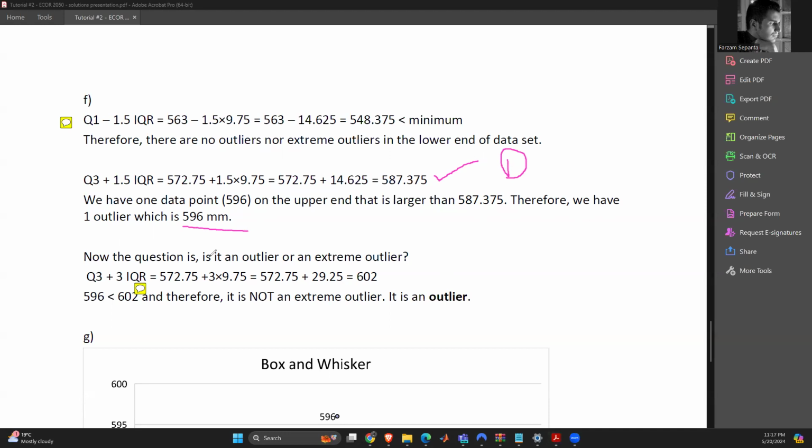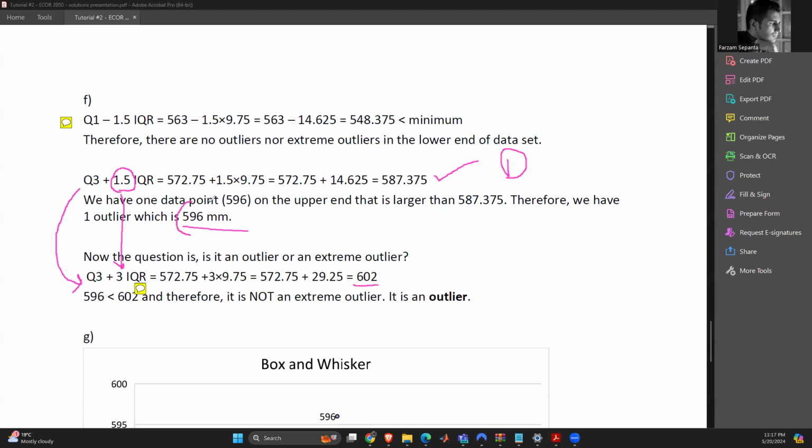To answer that question, use the same percentile, but this time, instead of multiplying IQR by 1.5, you multiply it by 3, which is double the value that you have there. And you come up with a number this time. It's 602.